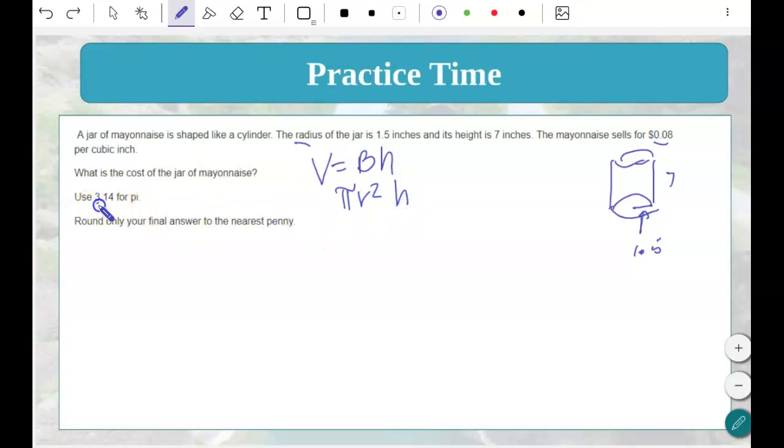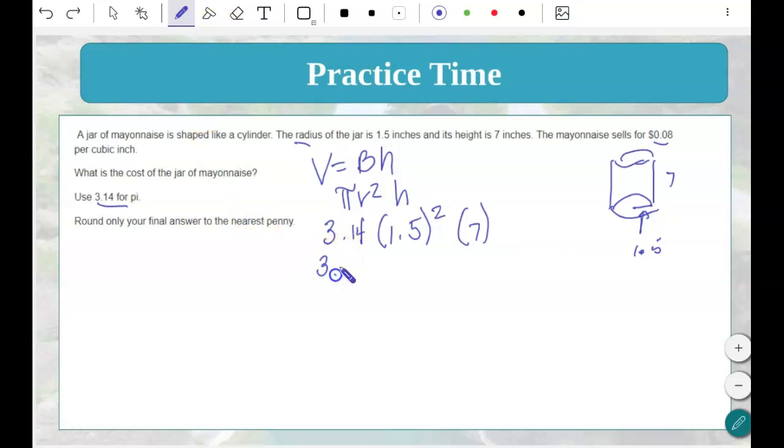Now we're going to use 3.14 for pi because it tells us to. Our radius is 1.5. We're going to square that and then we're going to multiply by the height. So use that calculator. 1.5 squared is 2.25, so we'll go ahead and write that down.